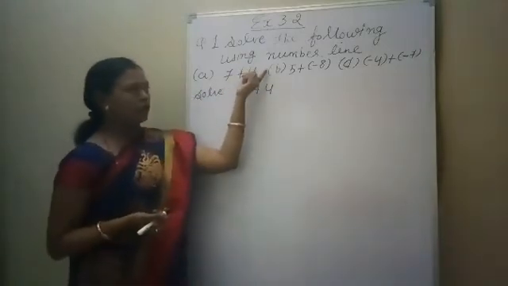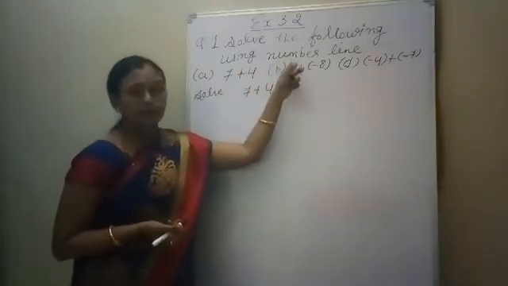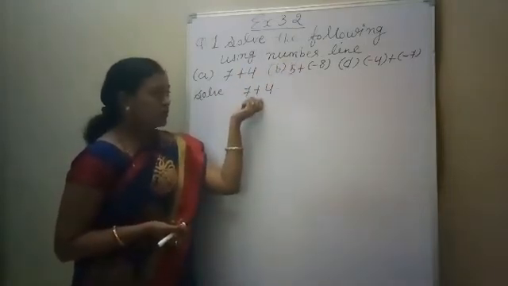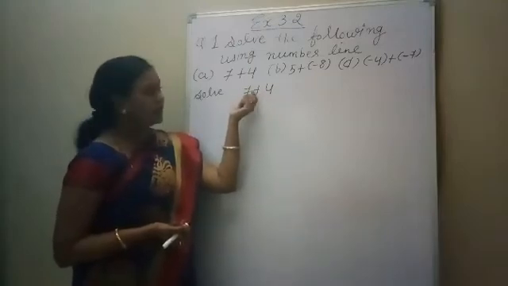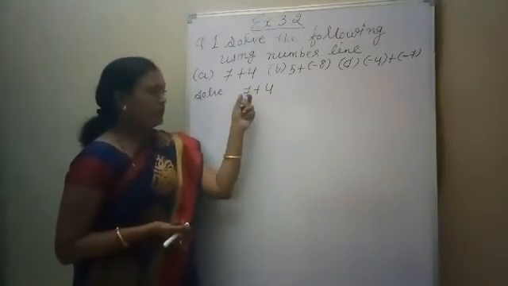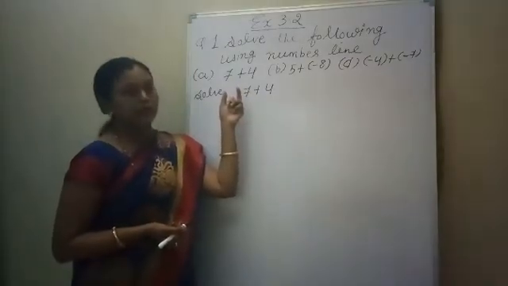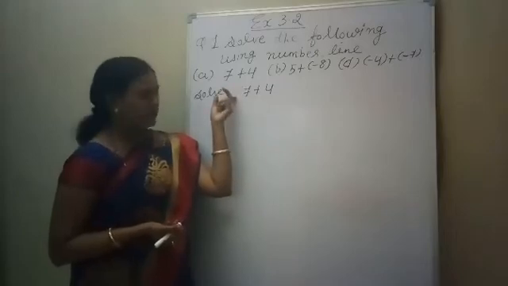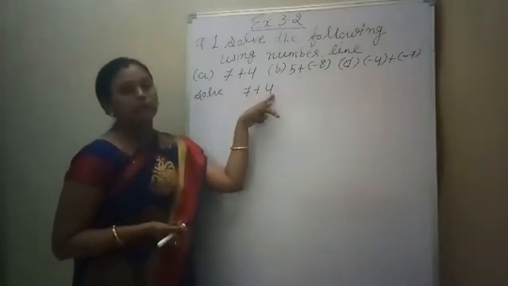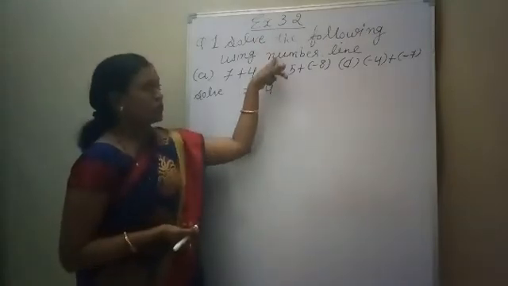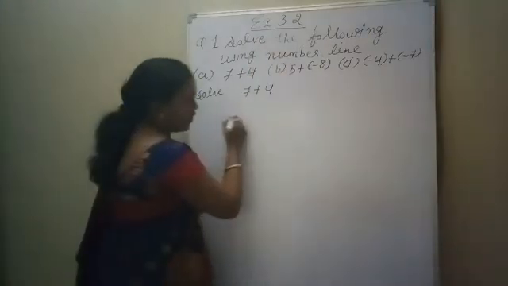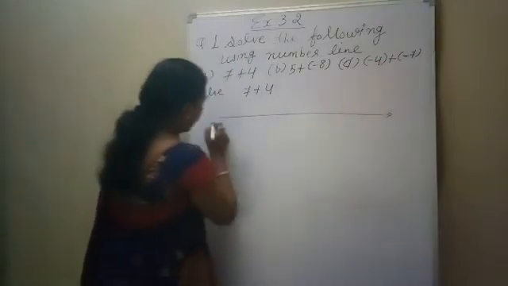When you are going to add numbers on a number line, first you have to think about which type of integers are there. The first is 7. Before 7 there is no sign, which means it is a positive integer. And the second number is also a positive integer.